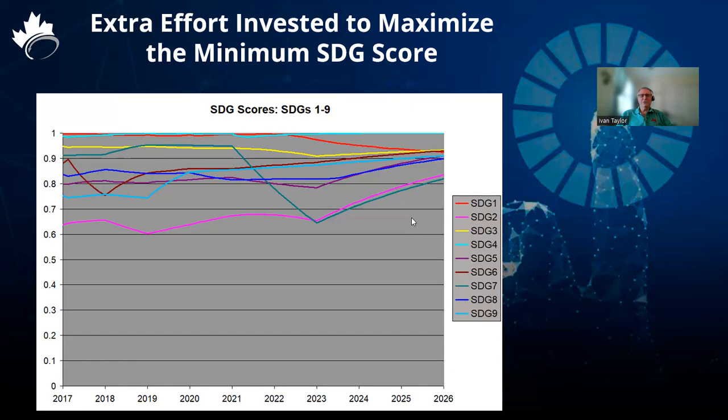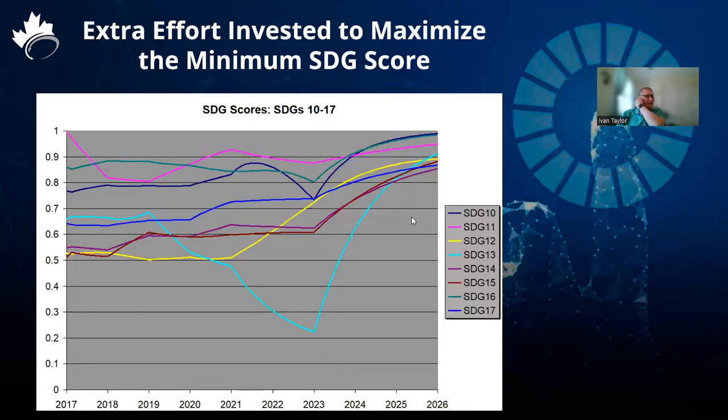So that's SDGs 1 to 9, and here's SDGs 10 to 17, and you can see that climate action has now reversed and gone quite a bit higher than before. One thing to note as well is that climate action eventually in the projection is no longer the minimum SDG score, and it's replaced as the minimum by a different value. So the effort will be transferred from one SDG to another.